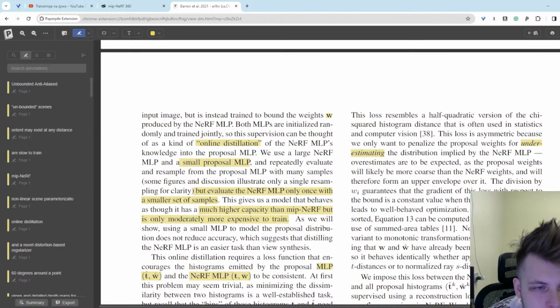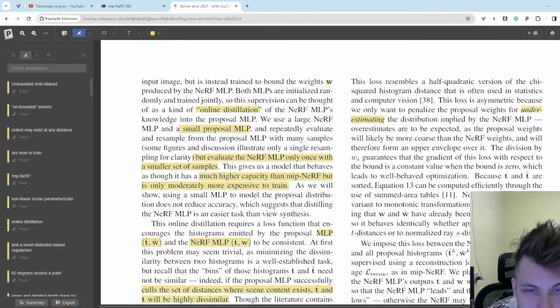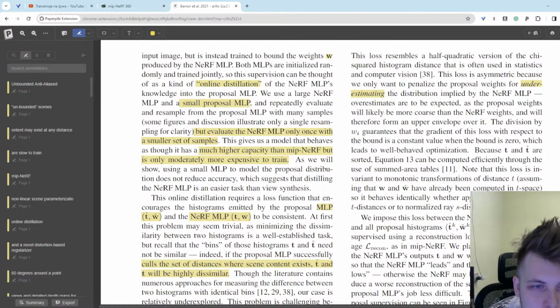Because t and t hat are sorted, equation 13 can be computed efficiently thanks to summed-area tables. Note that this loss is invariant to monotonic transformation of distance, assuming that w and w hat have already been computed in t-space, so it behaves identically whether applied to Euclidean distances or to normalized distances, okay?